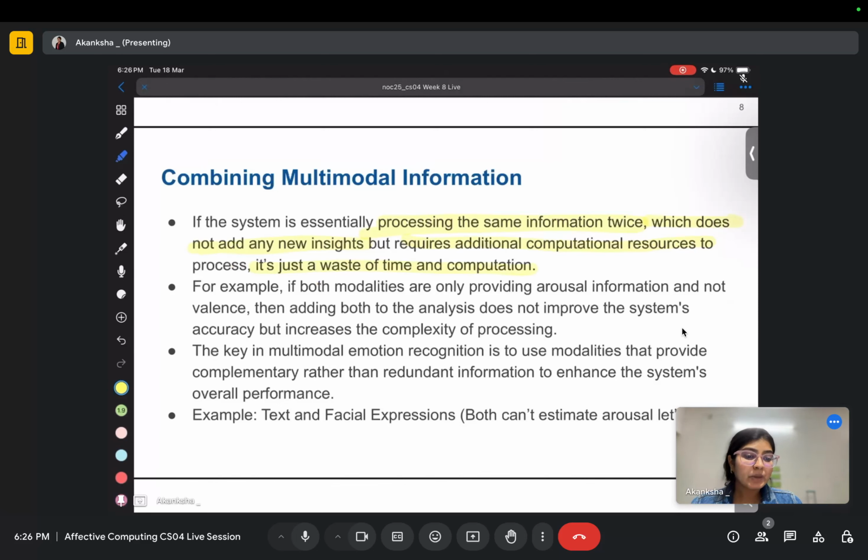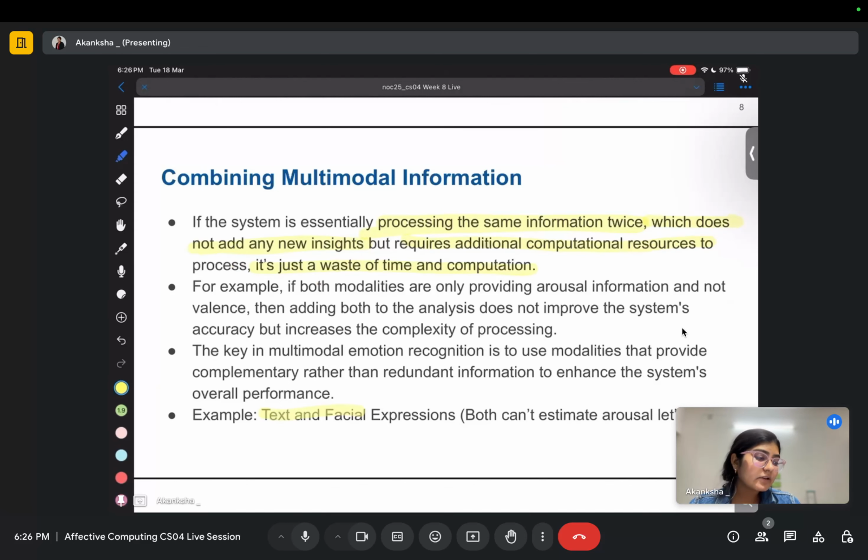So let's say both the modalities are more accurate measures of arousal and not valence. That means adding both will not improve the accuracy, because ultimately the only information that you know is arousal, and you still don't know the cues about the valence part. So it is not going to improve the system.